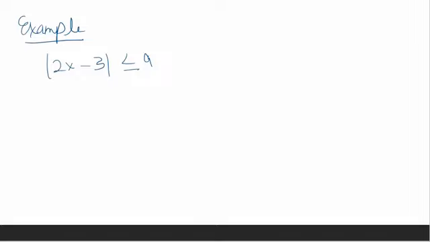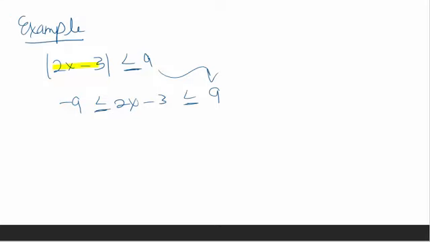So in this case, we take out the 2x minus 3. We're going to say 2x minus 3 is between, and then you take the 9 and you're going to put it in two places. You're going to say 9, just like it is on the right, but its opposite is on the left. Okay, and don't forget the equals because it was in the initial inequality.